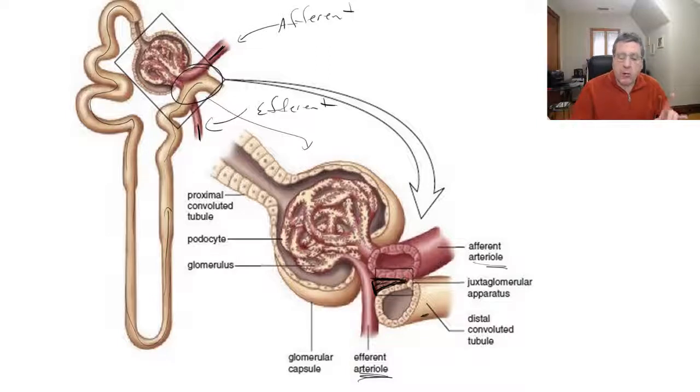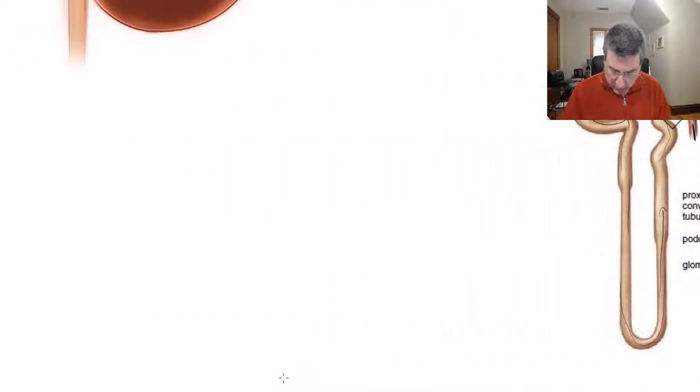Now, the distal convoluted tubules, the collecting tubules, and the collecting ducts have two special types of cells. So I tell you what, let me go back this way. Just get some fresh area where I can write on.